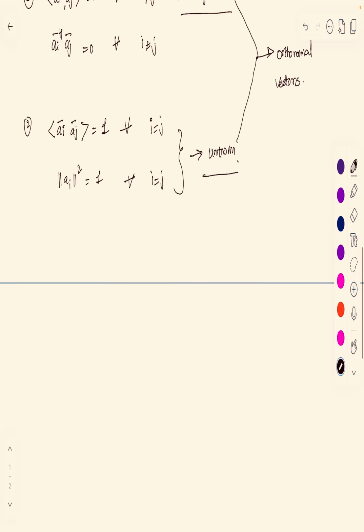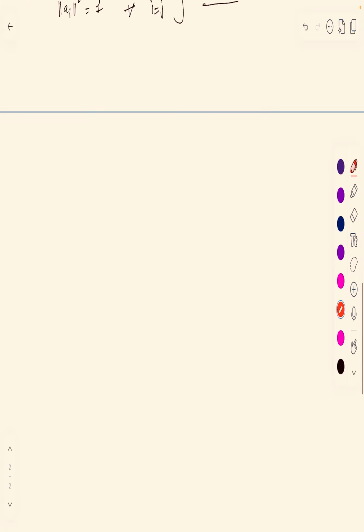So let's get into what the GS procedure is. What do we have? We have a set of vectors x1 bar, x2 bar, and so on, xm bar, where xi bar is in the complex domain of dimension m.